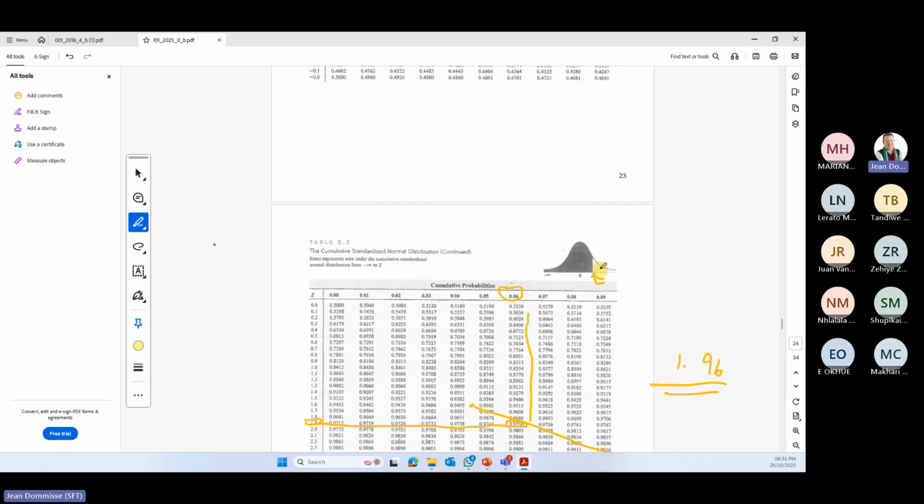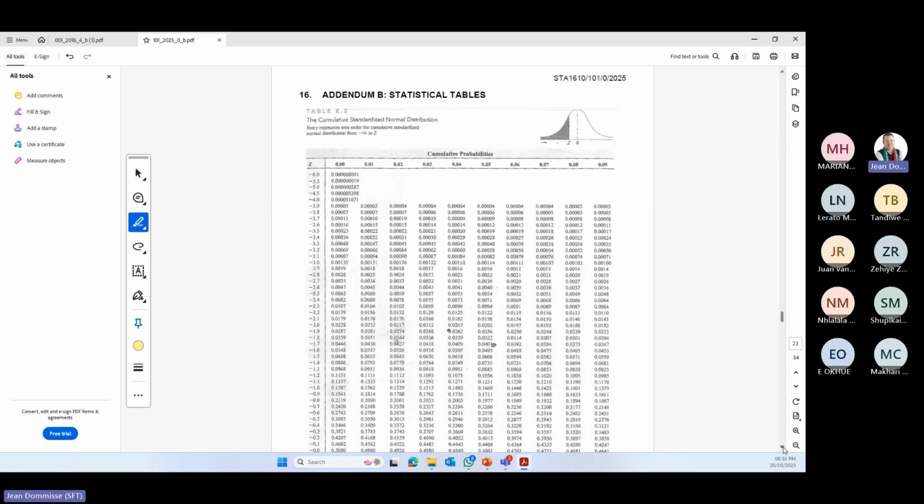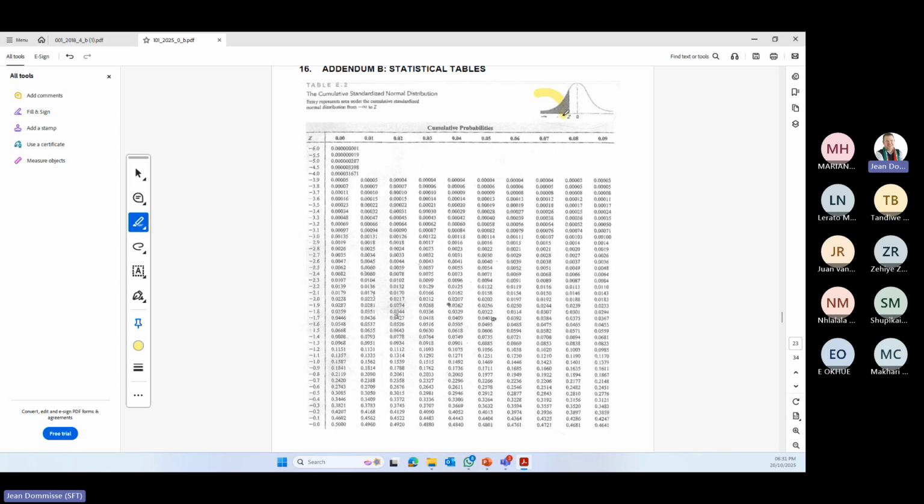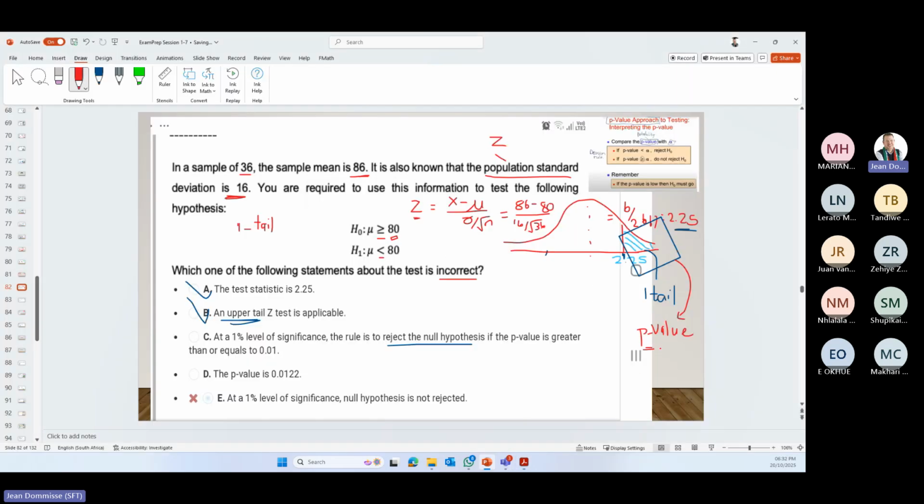I want this area, so I go to 2,25 and take 1 minus that, and we sit with 0,0122. Okay, so our p-value is 0,0122.